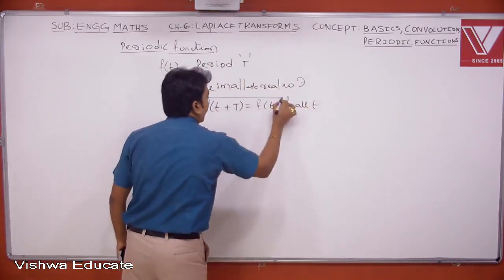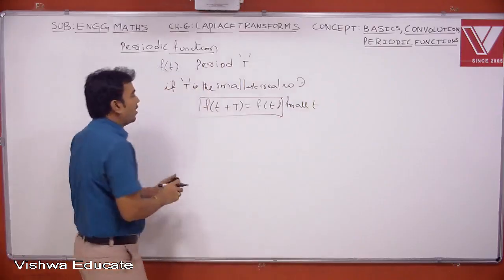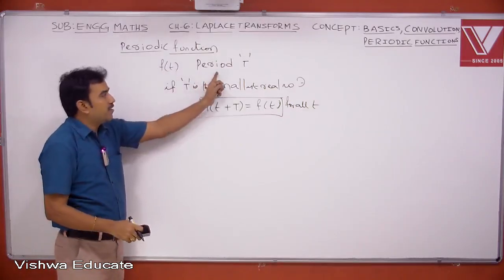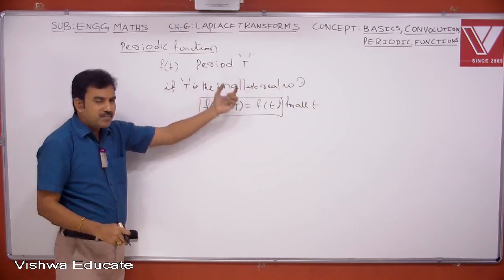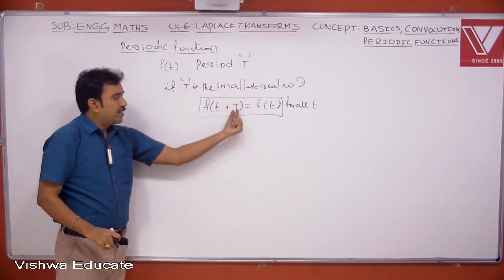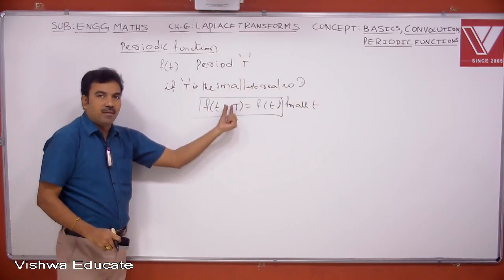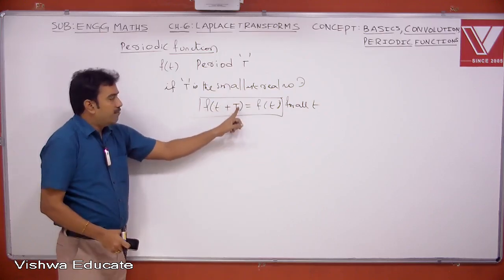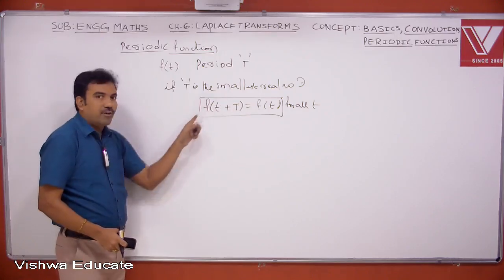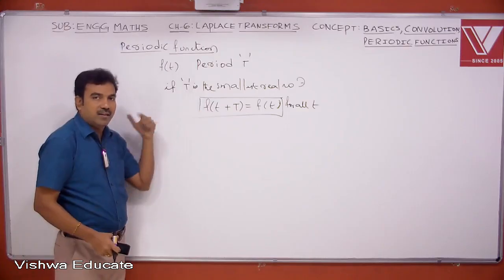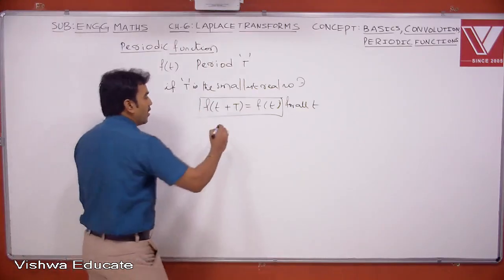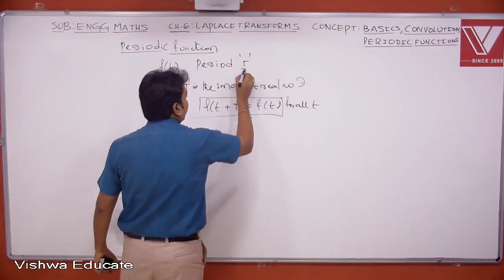So whenever this happens, we say that f of t is a periodic function with period capital T. What it means is, for every capital T units of time, the function retains the same values. In that case, we call this a periodic function with a period capital T.